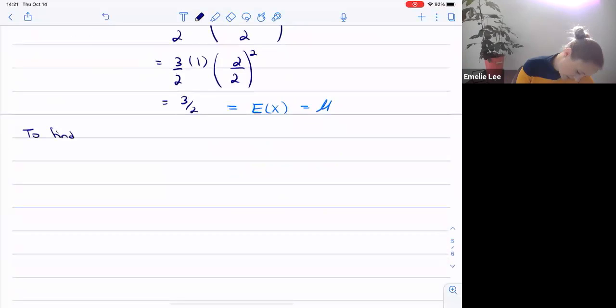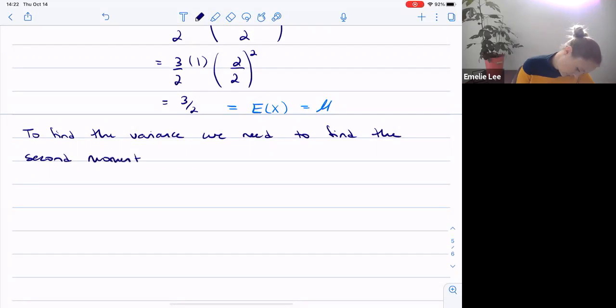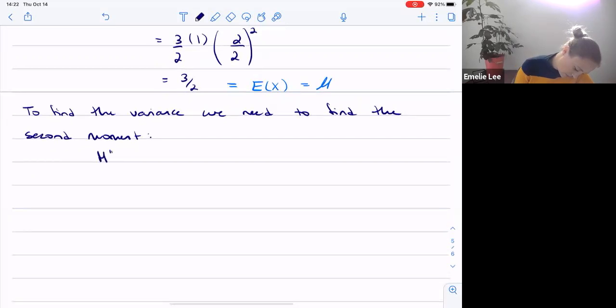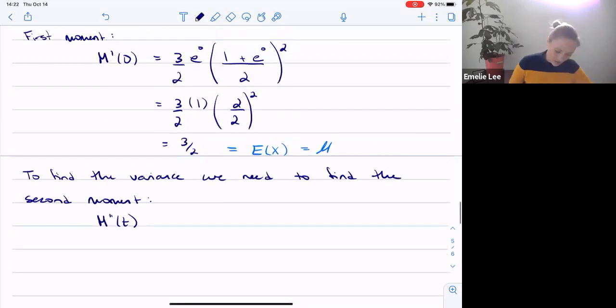To find the variance, we need to find the second moment, which is, by definition, the second derivative of the moment generating function evaluated at 0. So first thing I'm going to do is find the second derivative. So m double prime of t.